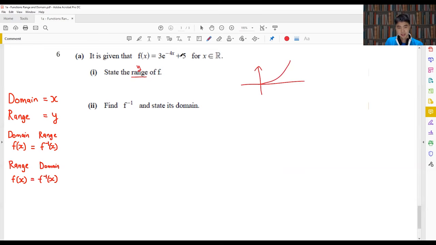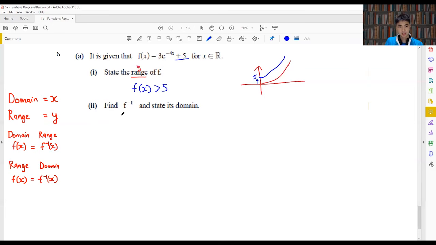But in this case, since it is plus 5, it would have shifted upwards by 5, and it will start something like this, where it is 5. So the range of f has got to be more than 5. You can tell from the y-intercept here.